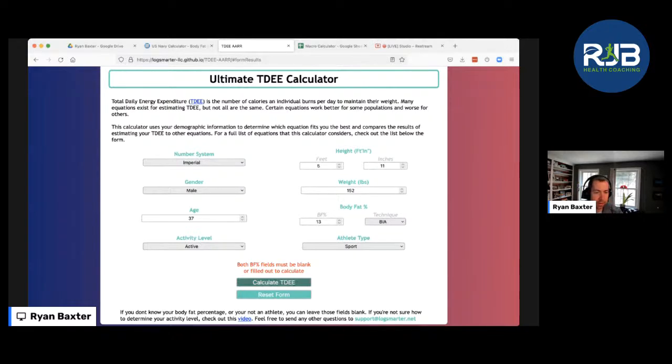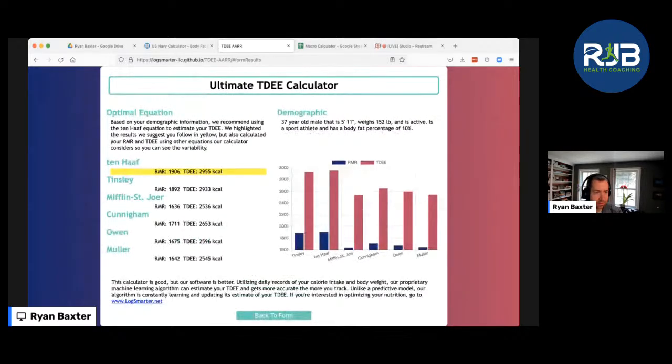And you can click. But if you have a DEXA, right? So if I went in here, my DEXA was just shy of 10%, so we'll put 10% here. And whatever method you choose, you can calculate TDEE. And you see here we get a whole bunch of calculations on both RMR.